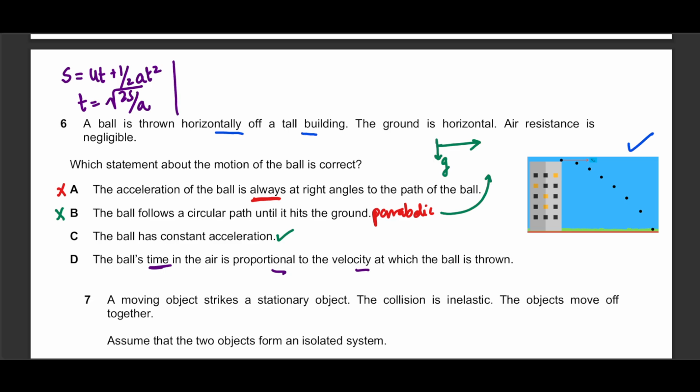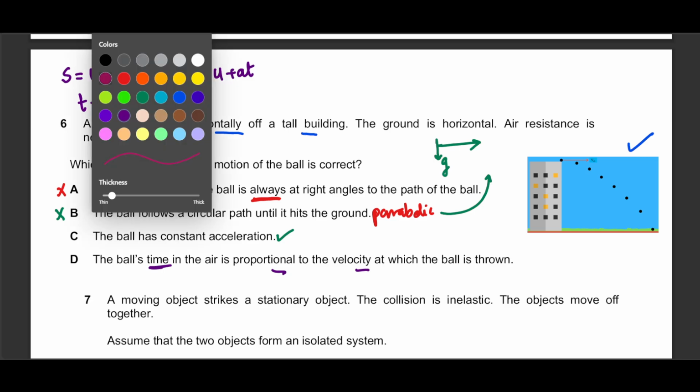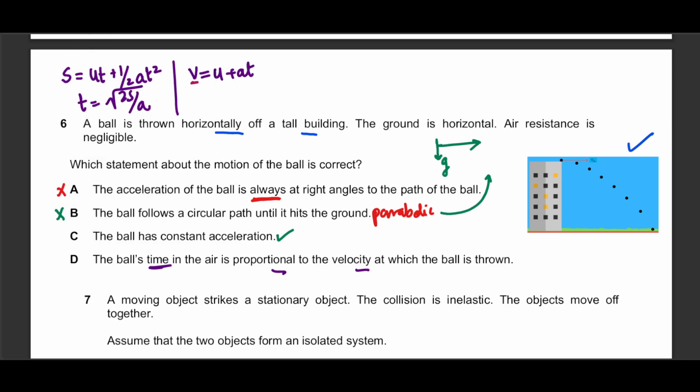And if you incline yourself towards the equation v equals u plus at, you would realize that it seems that velocity is proportional to time. But there is a problem. You see, you are dealing with the horizontal or vertical components. The horizontal component is not experiencing any acceleration, but the vertical one is. So by the end of it, the acceleration is actually in the direction of gravity, right?